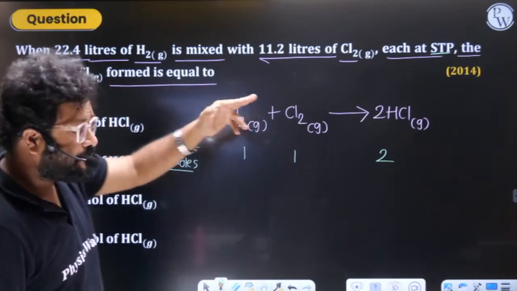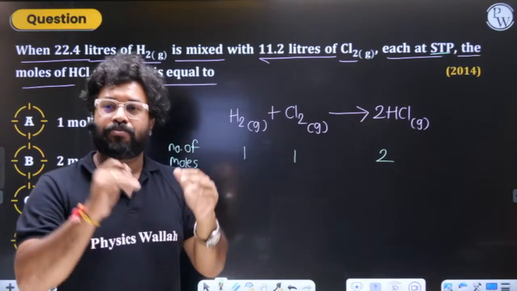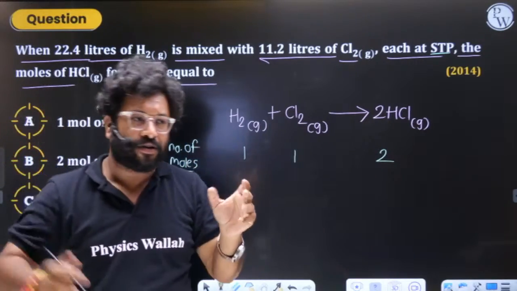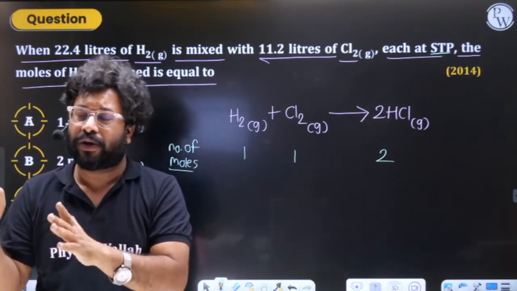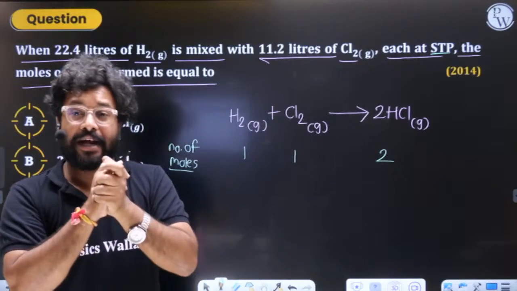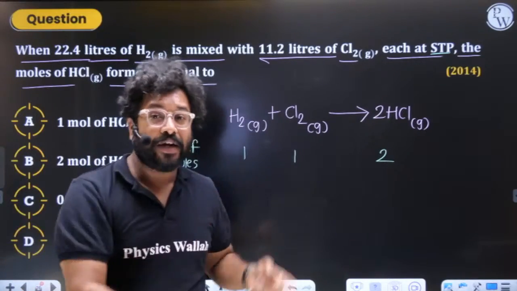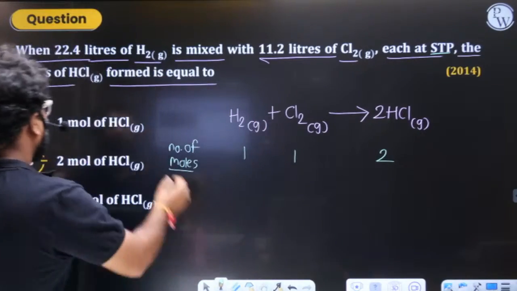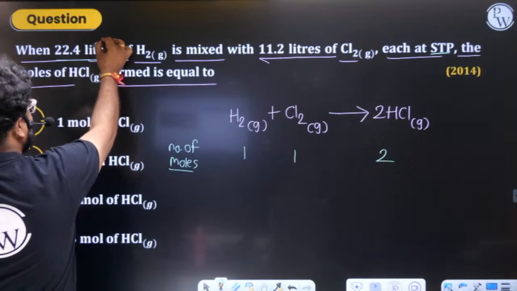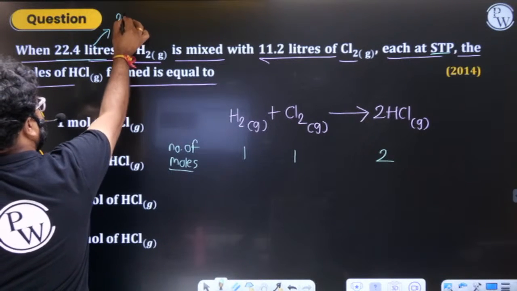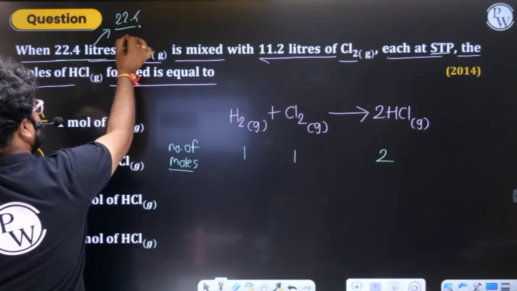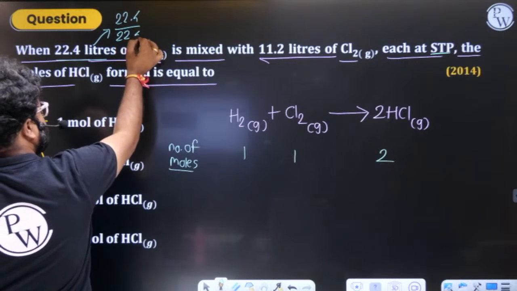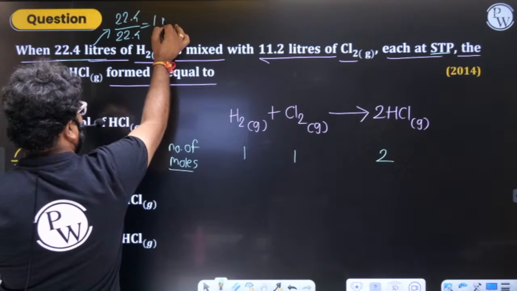Now conditions are being given at STP. That means whatever volume they have given for the hydrogen or for the chlorine, we are going to convert that directly into number of moles. So hydrogen is 22.4 liters. As you all know, 22.4 liters divided by 22.4 liters comes out to be 1 mole.